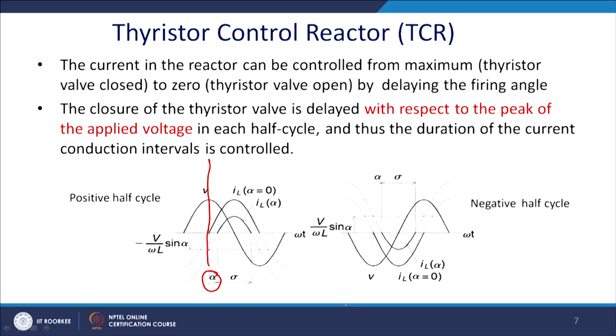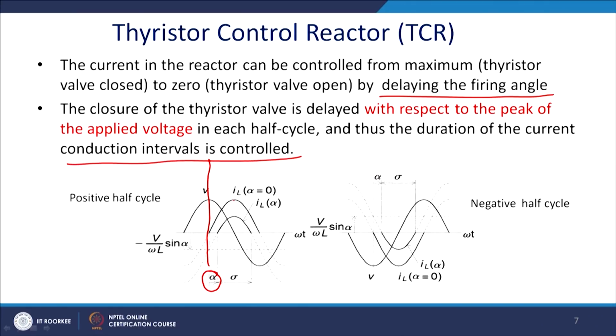As reported earlier, the current in the reactor can be controlled from the maximum to 0 by changing the delay angle or the firing angle. The closure of the thyristor valve is delayed with respect to the peak of the applied voltage. Please understand that it has to give a 90-degree phase shift, and since the inductor current lags by 90 degree, it should be 90 degree lagging, and thus the duration of the current in conduction mode can be controlled.